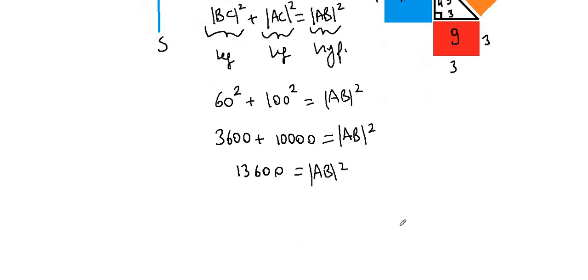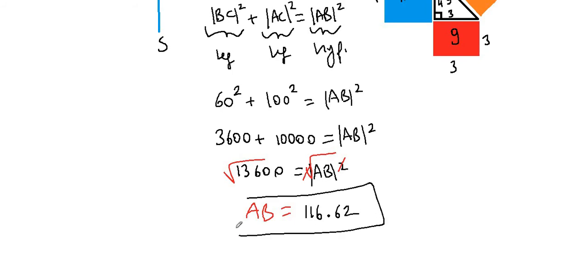Now we are going to square root on both sides. So AB will be equal to the square root of 13,600. Using the calculator, we find approximately 116.62. So this is AB, in meters.